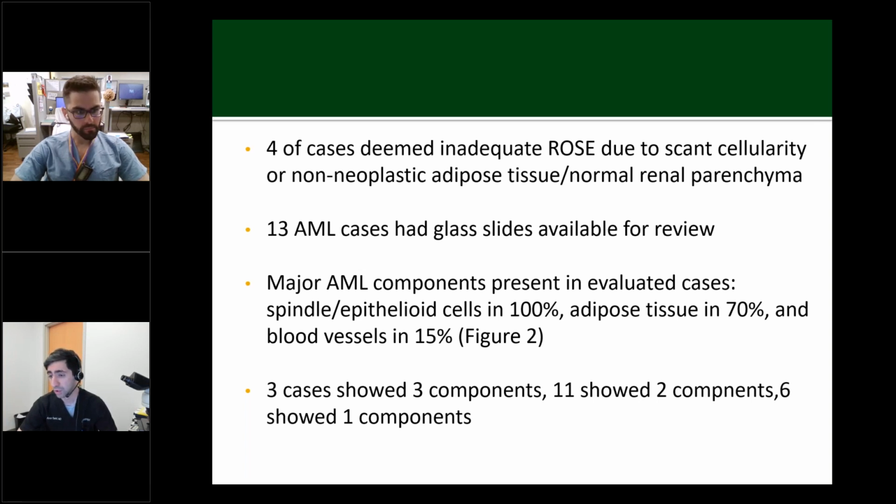Three cases showed all 3 components: spindle cells, adipose tissue, and blood vessels. Eleven showed 2 components, and 6 cases showed only 1 component. That showed us that blood vessels are rarely seen in cases of angiomyolipoma during ROSE.